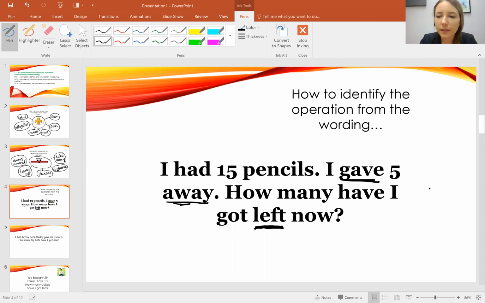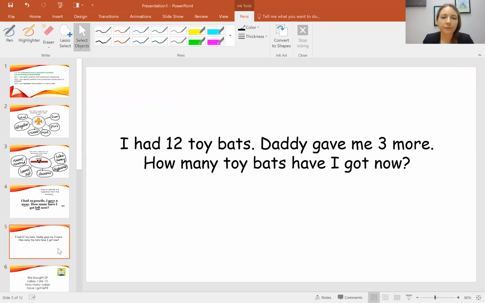So we know that this has got to be a subtraction question. Okay, so we're looking at the wording and we're thinking, are there any words in our bubble maps that can tell us whether it's addition or subtraction? But we're also thinking, are there any words that might tell us whether we're taking away or whether we're adding more?